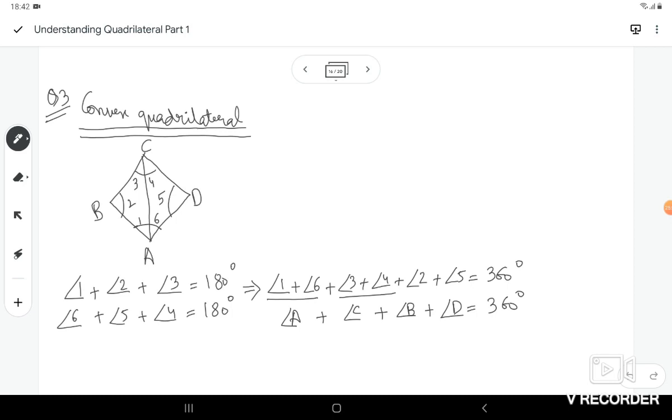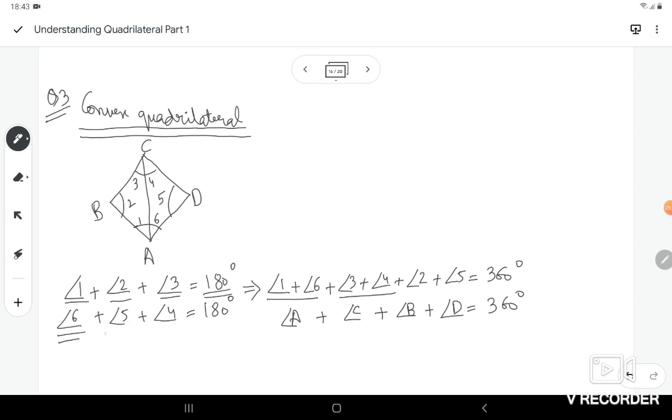And we are going to use the angle sum property of triangles, as diagonal AC has divided the quadrilateral into two triangles, triangle ACB and triangle ADC. So using the angle sum property, we get angle 1 plus angle 2 plus angle 3 equal to 180 degree. That is the angle sum property of a triangle.